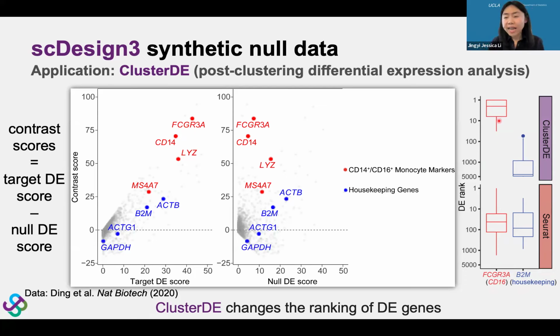We compare the ranks, and the ranks have a distribution because we consider different combinations of statistical tests used in the DE step and also different replicate data. So we're going to show some distributions. We can see that cluster DE has much better separation of the marker gene at the top from the housekeeping gene ranked at the bottom, while Seurat's rank distributions are less distinguishable.